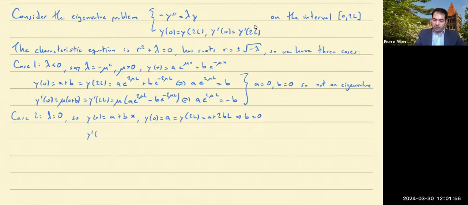Our second condition, y prime of 0 would be b, and we want that to be equal to y prime of 2L, which is also b. So b equal to 0 takes care of that. So lambda equal to 0 is an eigenvalue, and its eigenspace is just made up of the constant functions.